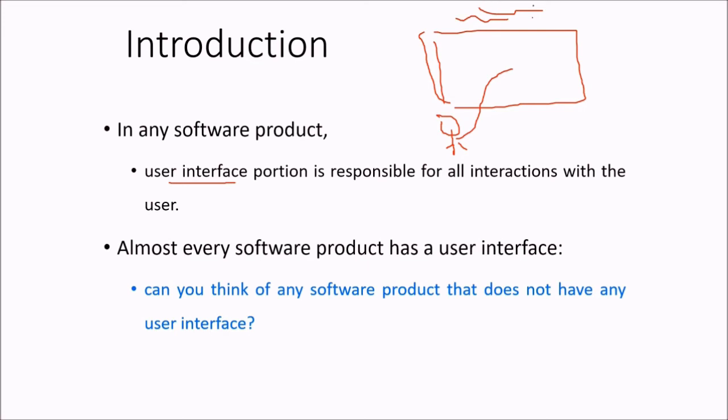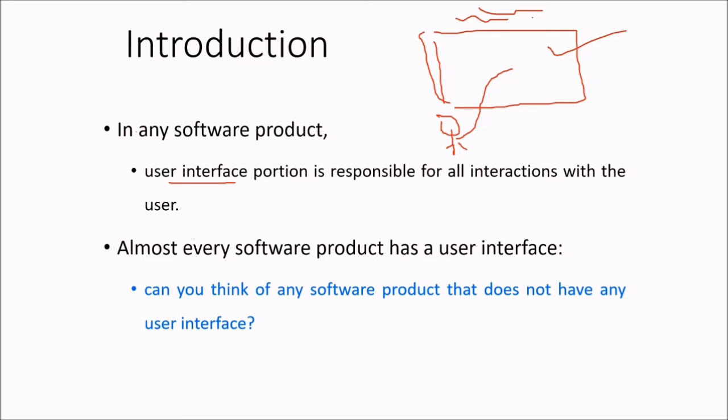Every software product has some user interface, and we have seen that there are three types: first the command line, then the menu-based one, an intermediate combination of these two, and one more, which was through icons, the iconic interface.